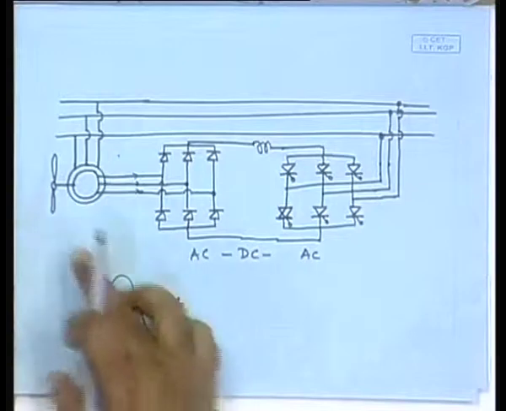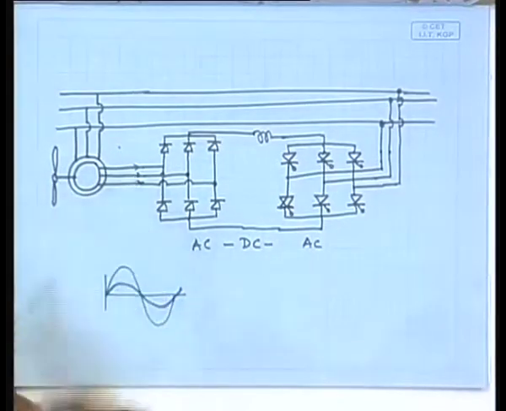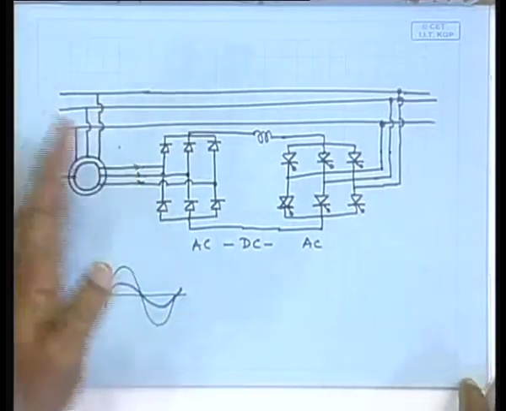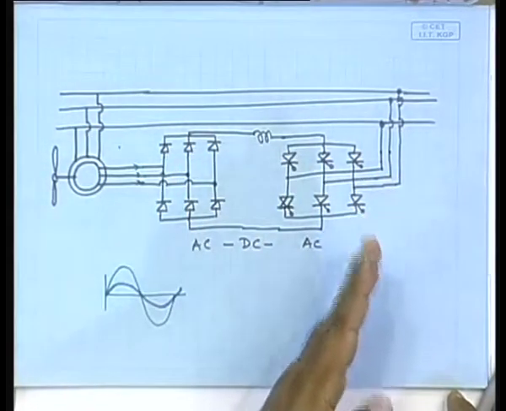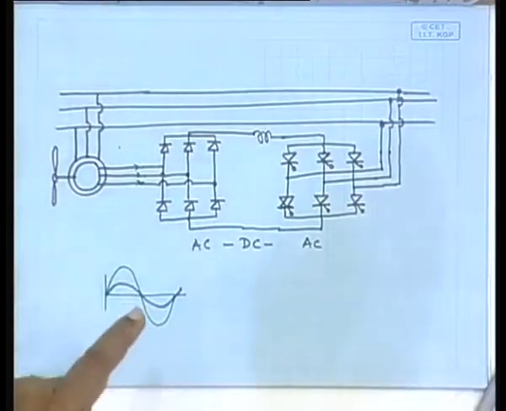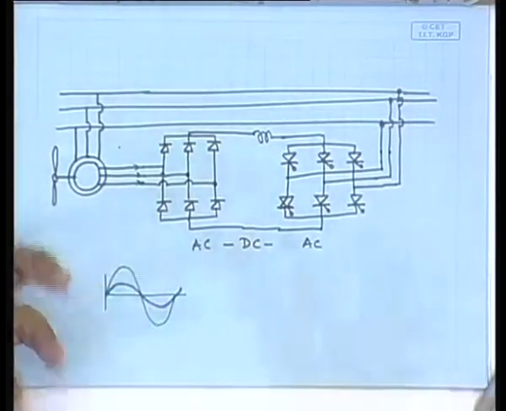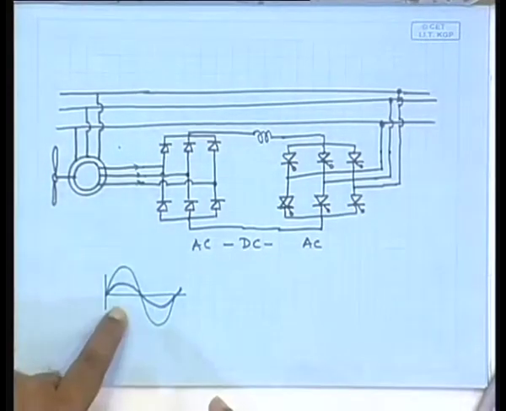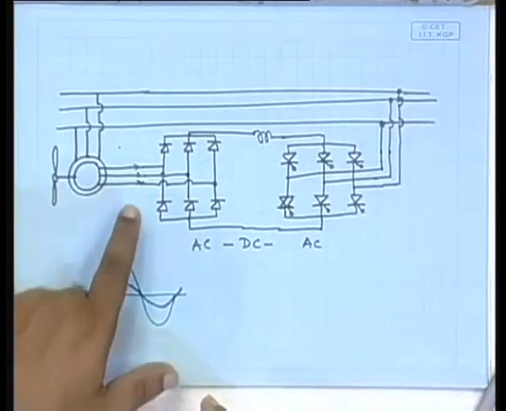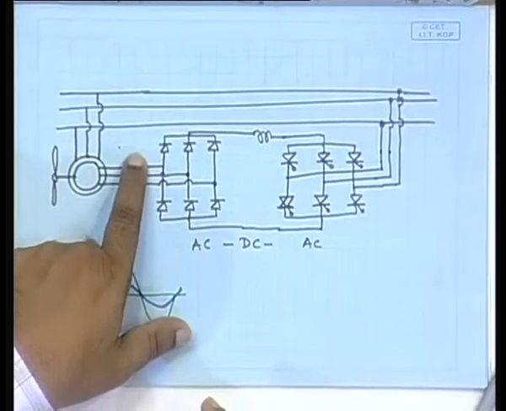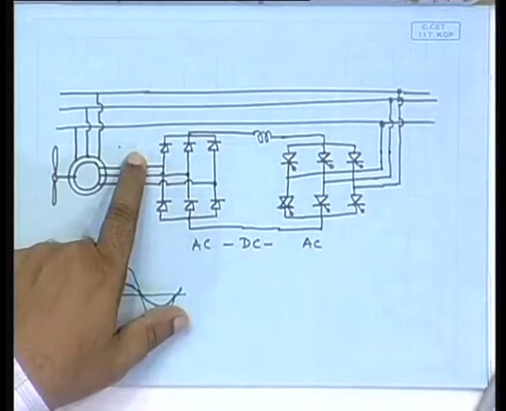The point that I was making is that as far as these terminals are concerned, if you imagine yourself sitting at this terminus and looking at this side, what will you see? You will see a sinusoidal voltage and a current flowing in phase with it, right? Which means what will this fellow see? It will see as if a resistance is connected.